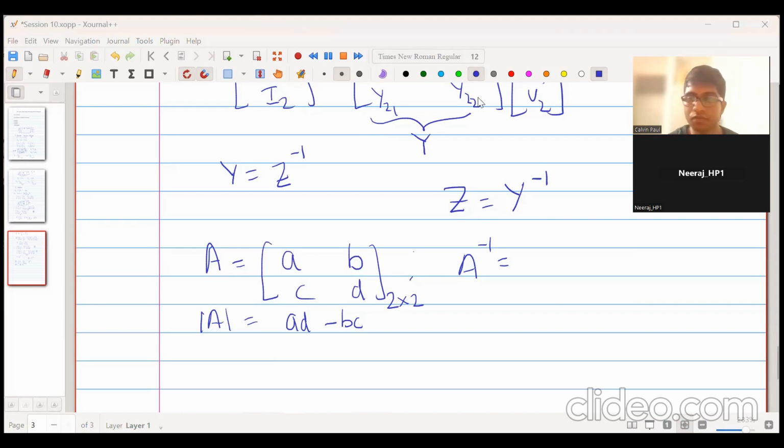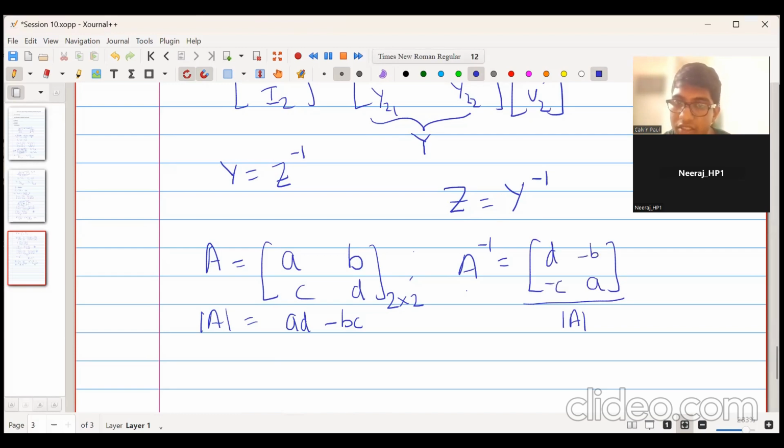You're correct. So the inverse matrix is written like this, divided by the magnitude of A, the determinant of A. What we do is, A and D, the diagonal elements, we just swap. Instead of A, we put D. And instead of D, we replace it by A. And instead of B, we replace it by minus B. And C, we replace by minus C. That's all we have to do.